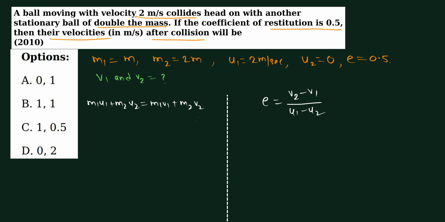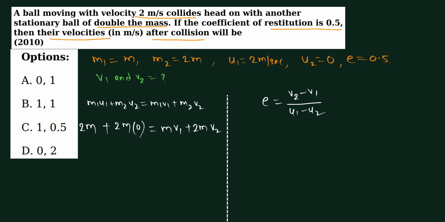Now, what is the m1 value? m1 is m, and u1 is 2, so m1u1 is 2m. m2 is 2m, and u2 is 0 because it is at rest. On the right side, m1 is m, m2 is 2m, and we keep v1 and v2 like that.